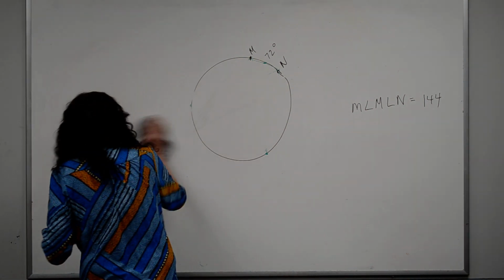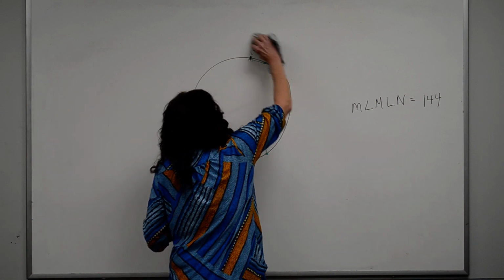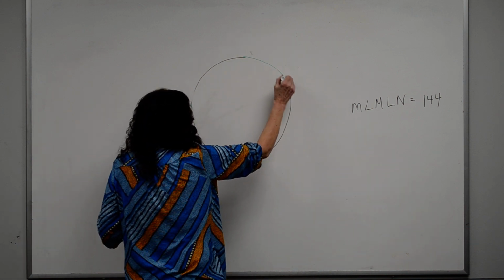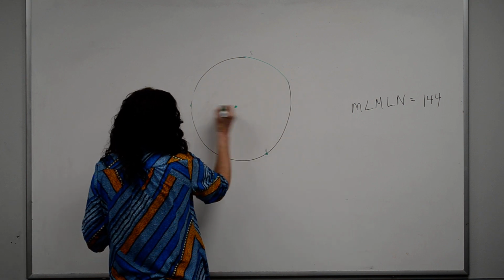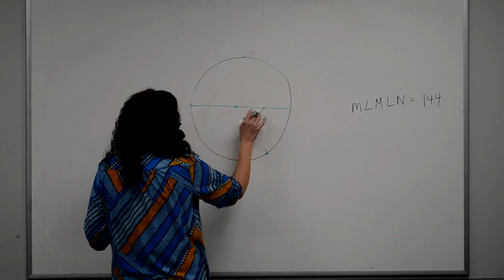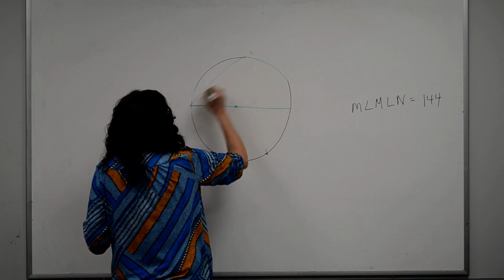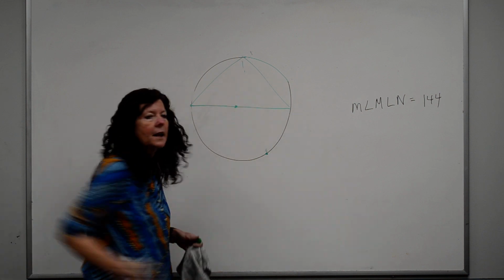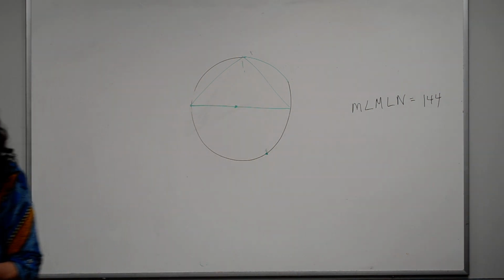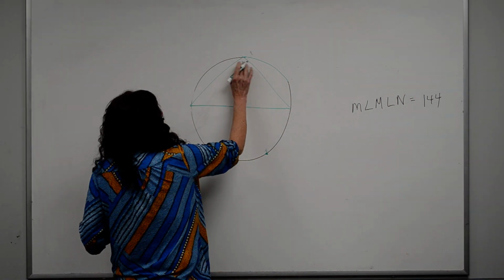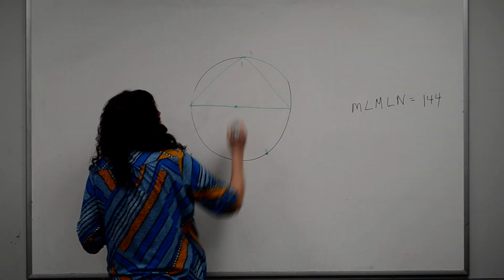What if I have an angle that inscribes a semicircle? Let's say I've got that angle. What's the measurement of that angle? This angle right here.